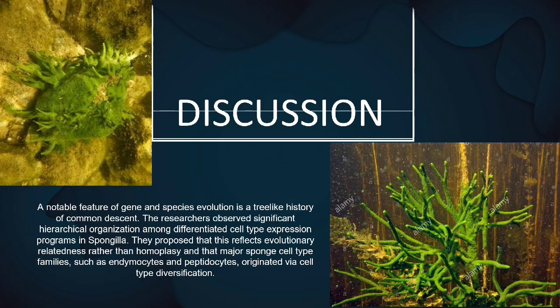A notable feature of gene and species evolution is a tree-like history of common descent. The researchers observed significant hierarchical organization among differentiated cell type expression programs in Spongilla. They propose that this reflects evolutionary relatedness rather than homoplasy, and that major sponge cell type families such as endemocytes and peptidocytes originated via cell type diversification.